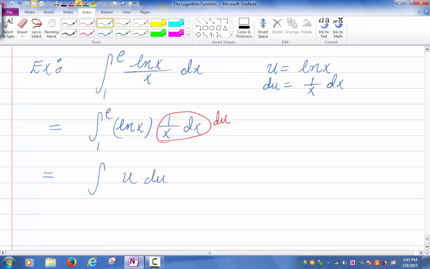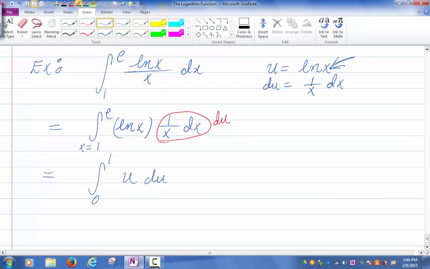Now, what are the limits of integration? When x is 1, what is u? Look up here. u is ln of 1, and ln of 1 is 0. When x is e, what is ln of e? 1.